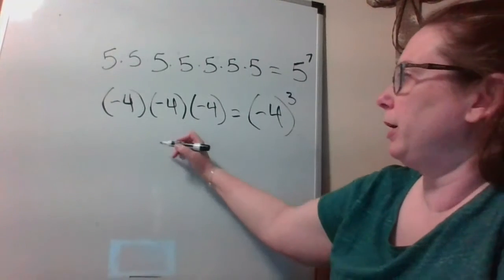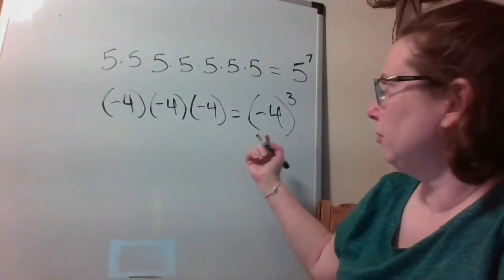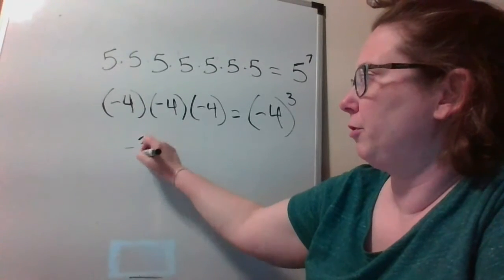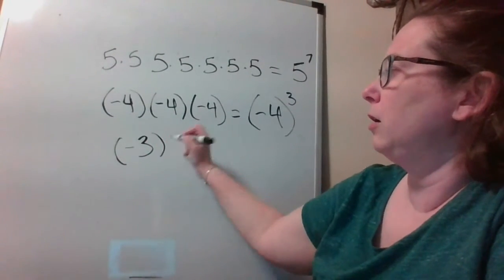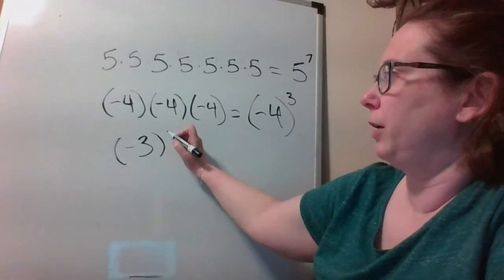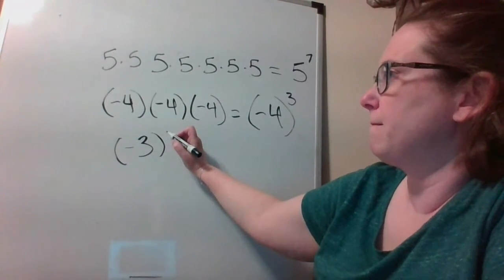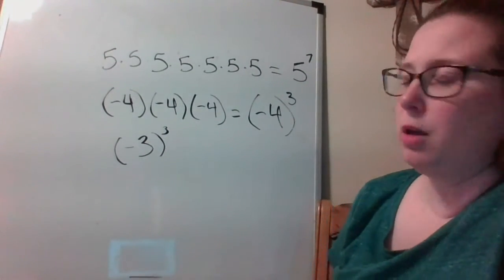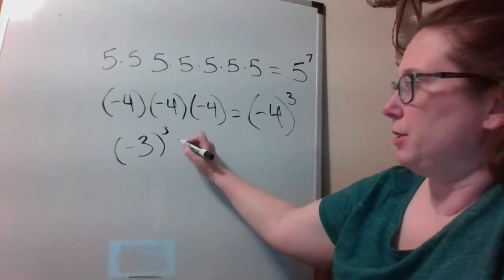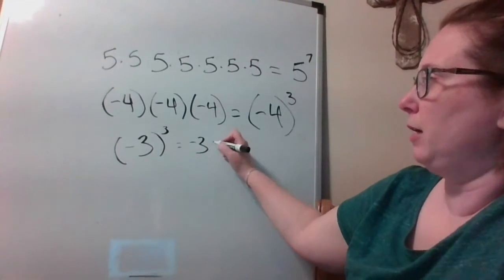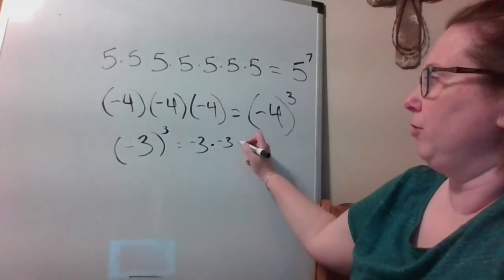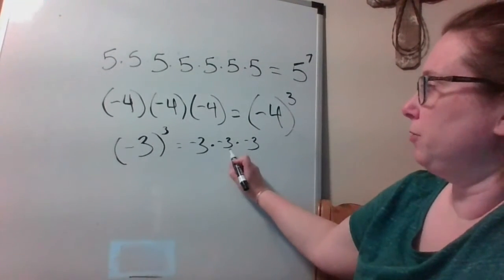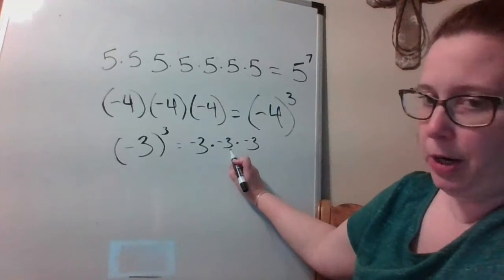So I'm going to take a different example and say we have -3, and we're going to cube -3. So if I have those parentheses, this means -3 times -3 times -3. If we do a negative times a negative, that's going to be positive.